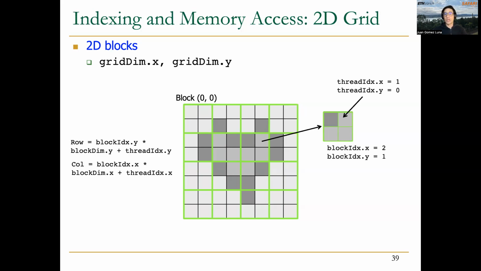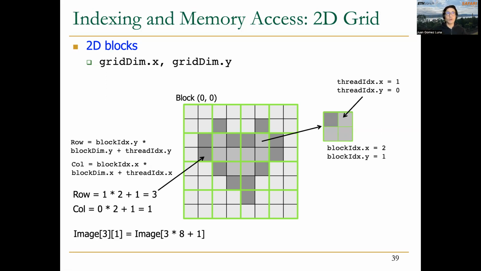And now the way that we calculate the specific position of a pixel in the image is by obtaining its row and column using the corresponding indices and dimensions of block and thread in the y dimension and in the x dimension. For example, the same pixel that we checked in the previous slide, now we see that this pixel is in row 3 and column 1.